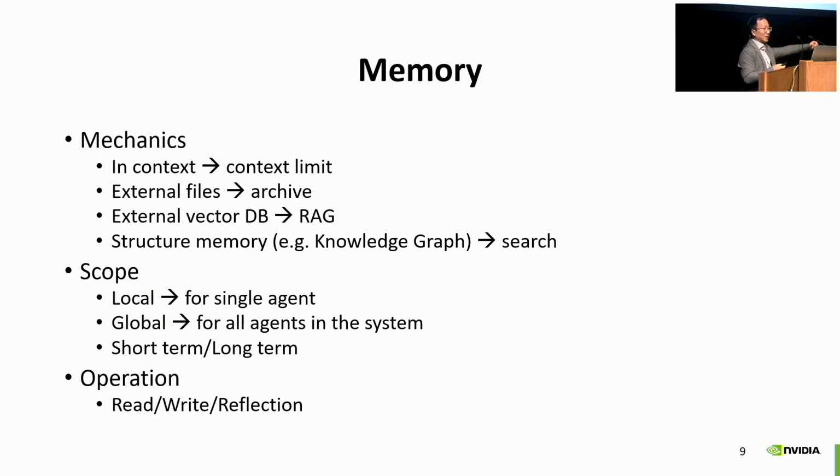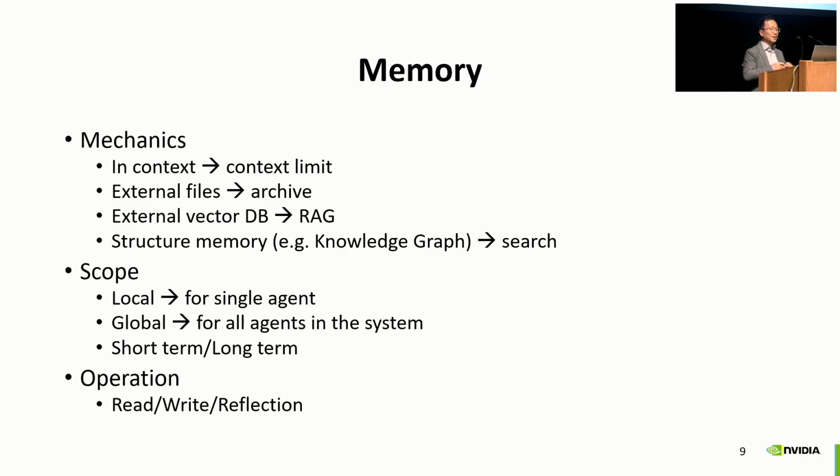That's why a lot of implementations depend on an external vector database. Then you can use RAG methods to retrieve useful information from the vector database for the next agent call. In addition, you can use structural memories, such as a knowledge graph, to represent knowledge or information that can be used by the agent. And with the knowledge graph, you can actually search through that.